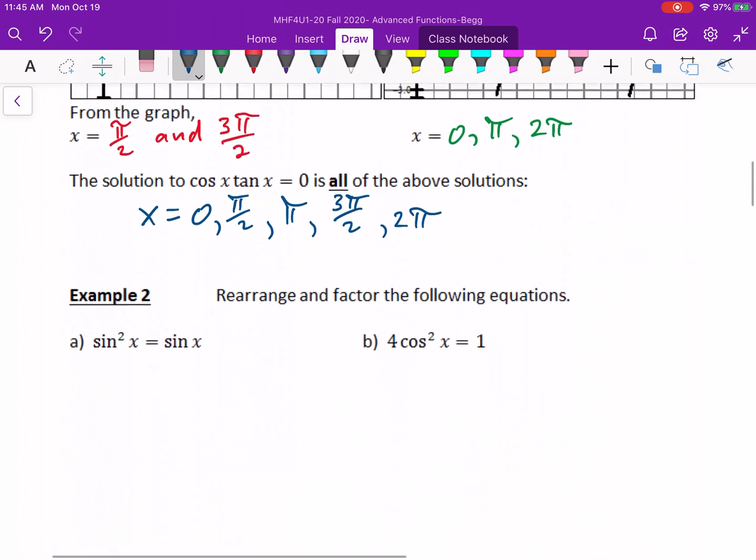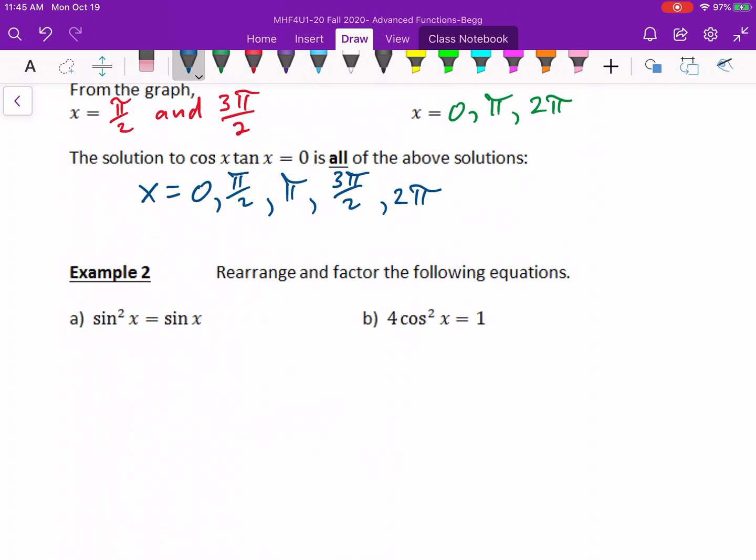Sometimes we have to rearrange, sometimes we have to factor, and so that's where we can draw upon skills from previous math courses. In this case, being quadratic, you probably want to think back to the work you've done with quadratics in the past, which would involve factoring things. So I'm going to bring that sine x over to the left, and then I'm going to common factor sine x out, because I can take a sine x out of each term.